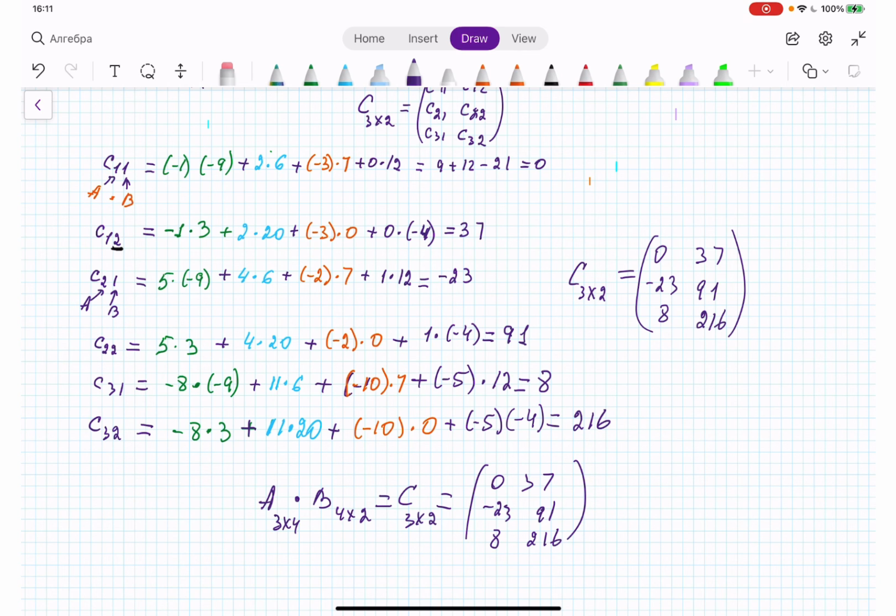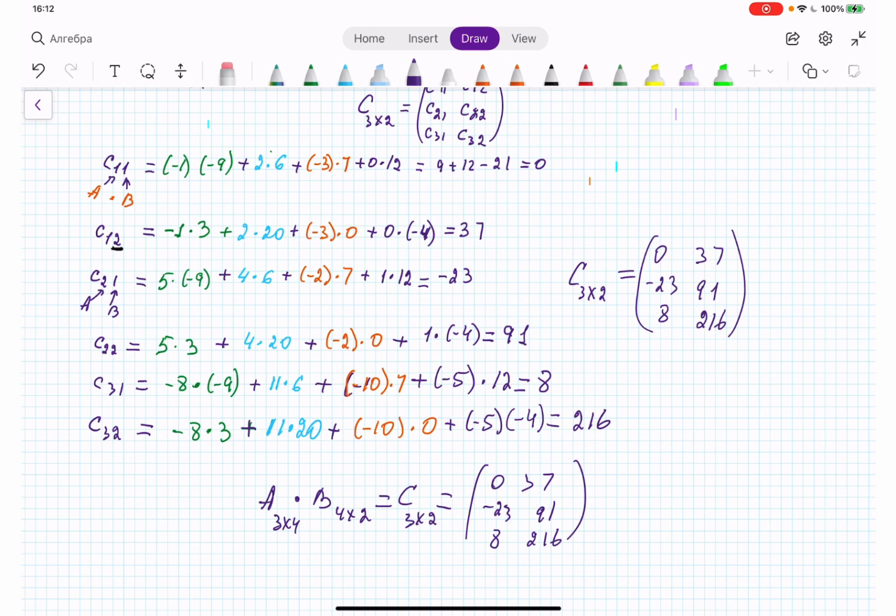Okay, then that is the answer. So, by the way, there is often no reason to describe in detail how you find each element. All you have to do is do the operations somewhere drafting on the side and just put the answer.